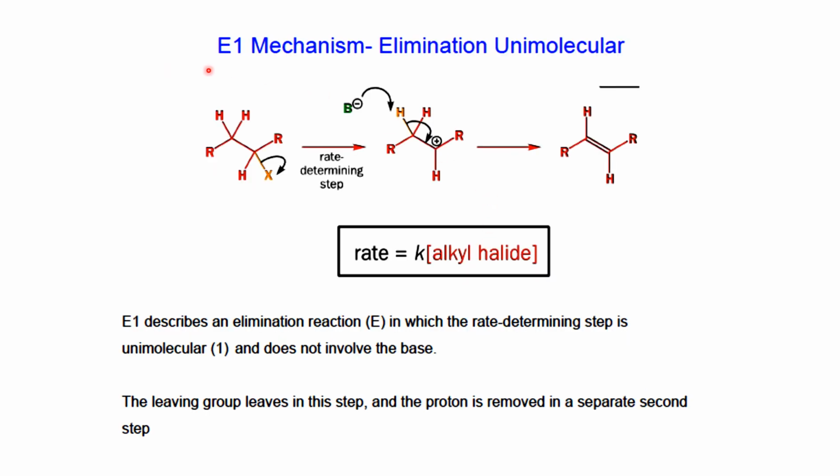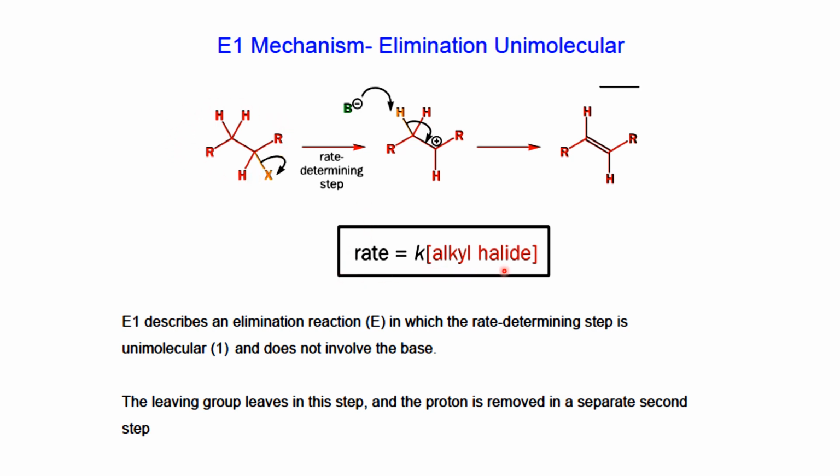So we'll begin with the E1 mechanism, which is elimination unimolecular. As I've already mentioned, here the leaving group will first leave in a slow step, which is the rate determining step, to form the carbocation. And in the next step, the base will abstract a proton from the carbon adjacent to the carbocation center to form the alkene. Therefore, the first step is the slow step, so it involves only the substrate.